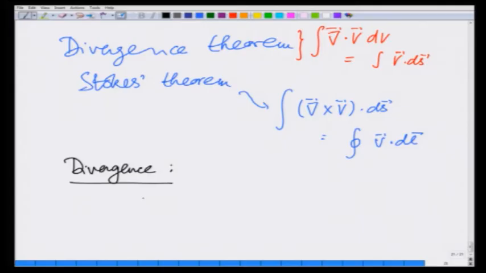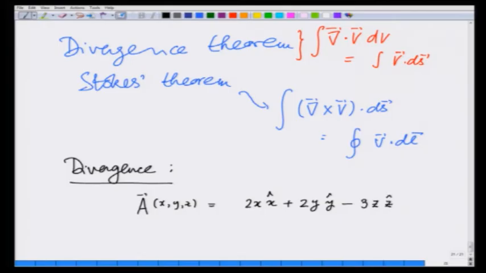Let us take a vector field A, which is given as A(x, y, z) equal to 2x x-hat plus 2y y-hat minus 3z z-hat.